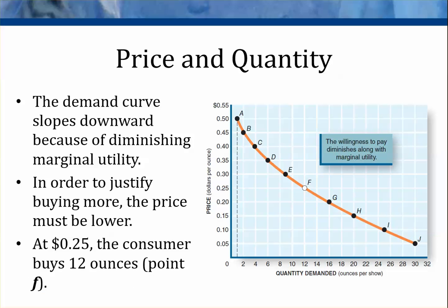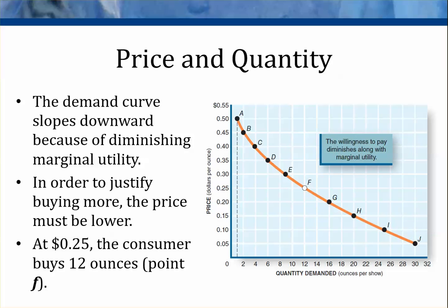Now you can look at this demand curve. The demand curve slopes downward because of the diminishing marginal utility. Now we know why it's downward. Before, we just tried to interpret it based on our intuition. In order to justify buying more, the price must be lower. At the point where the market price is 25 cents, the consumer buys 12 ounces.